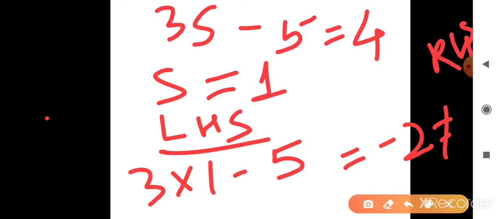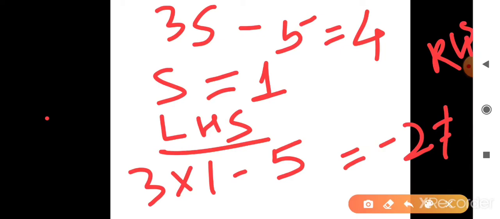In this way you have to keep on repeating until you get the value of the left hand side equal to the right hand side. And when you have got that, you can conclude that the solution, the value of whatever variable is given to you, is that particular number.